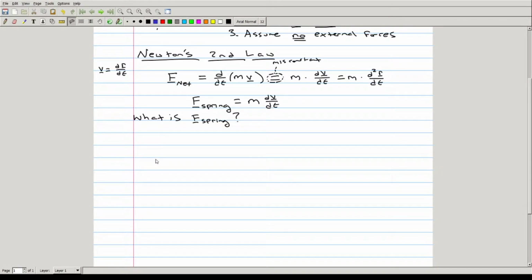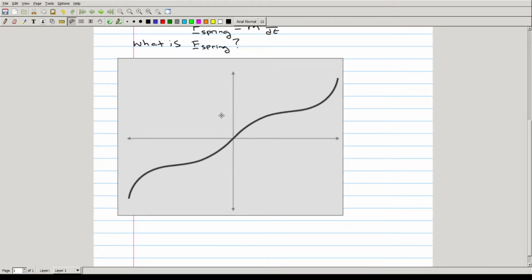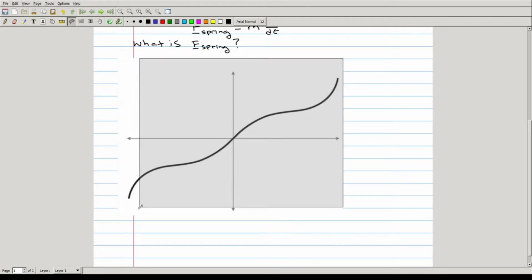But typically, a tension curve or a tension displacement curve looks something like this.